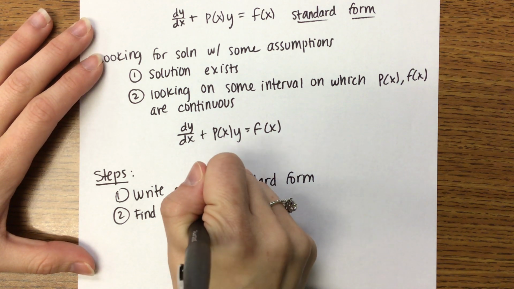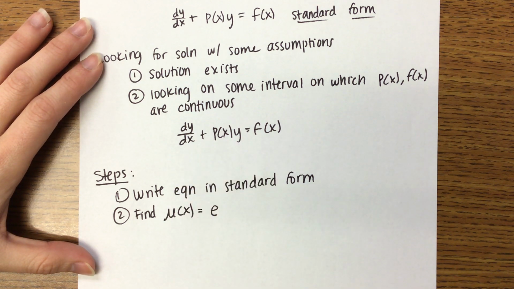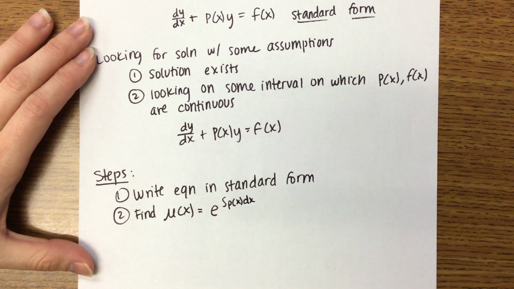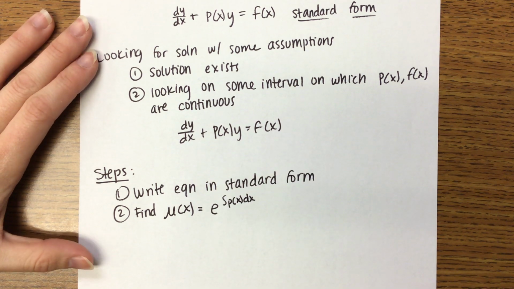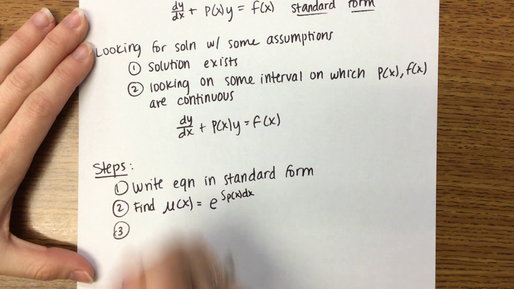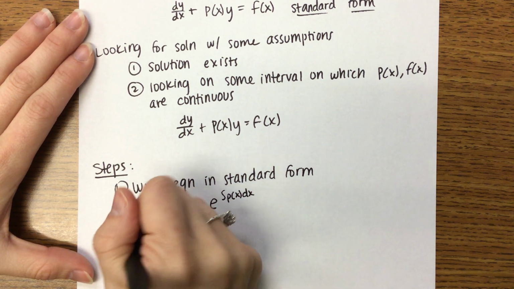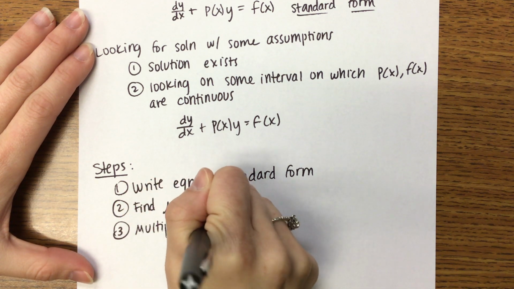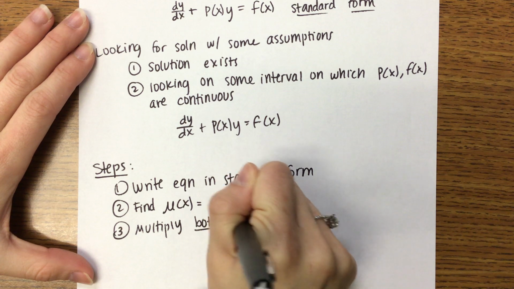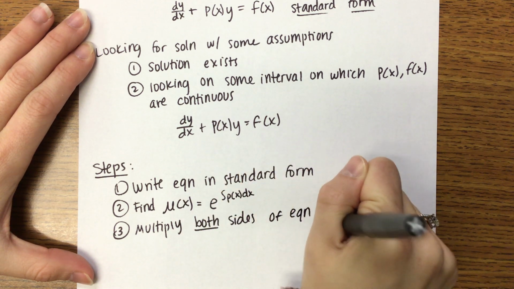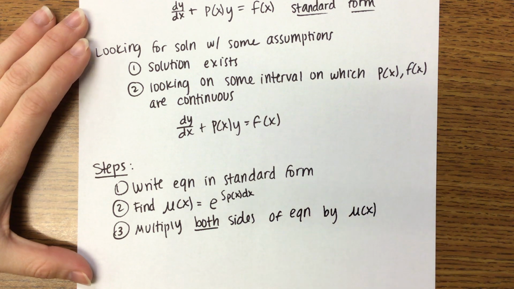Here's what mu of x is: e to the power integral of p of x dx. It's called an integrating factor. After you have that, you will multiply both sides of the equation by mu of x.